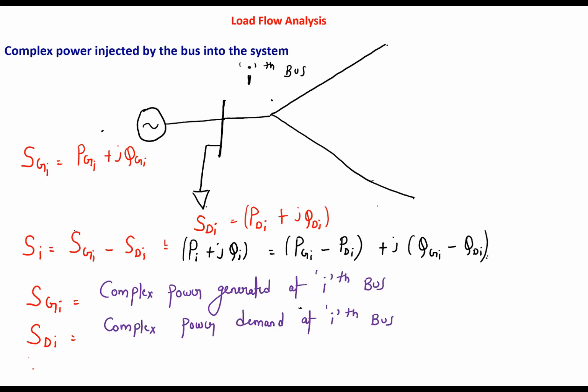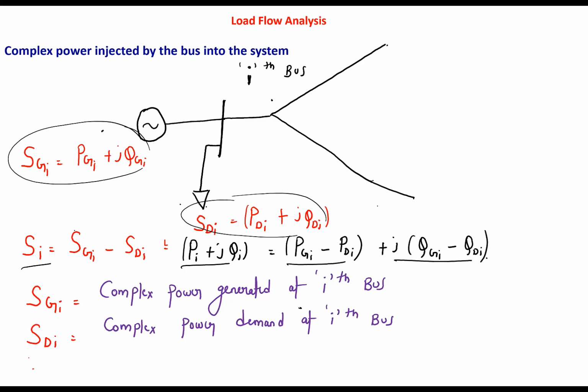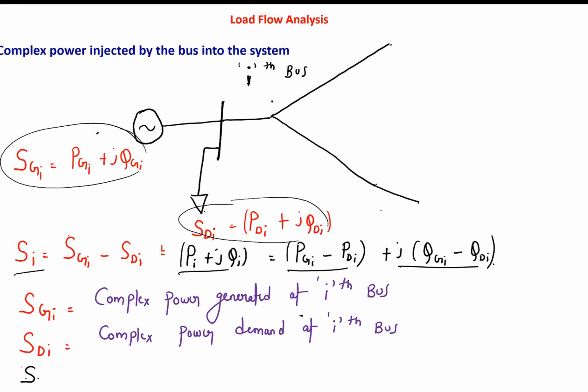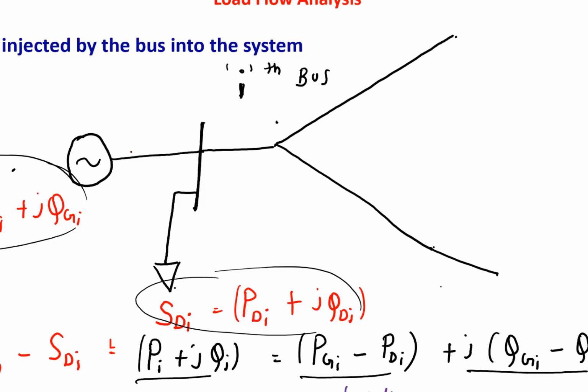Understand? So this is the total generation and the total load demand. Whatever is left out is the complex power injected into the transmission system by the ith bus. Are you able to follow? This is SGi, this is SDi, and what is left out is Si.